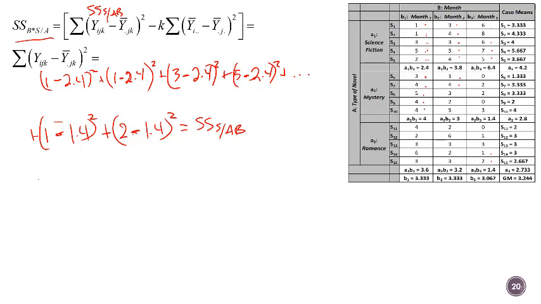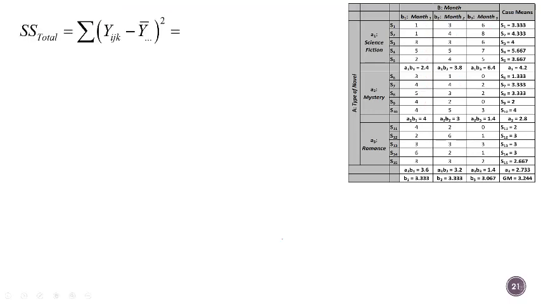But to get my sum of squares B by S within A, I'm going to take that sum of squares S within AB and subtract out my sum of squares S within A.